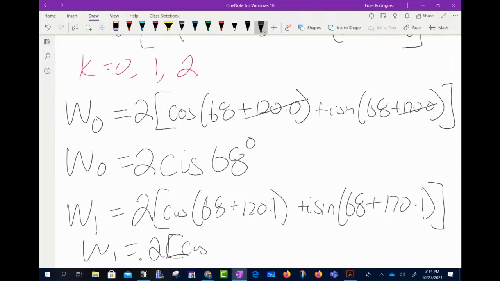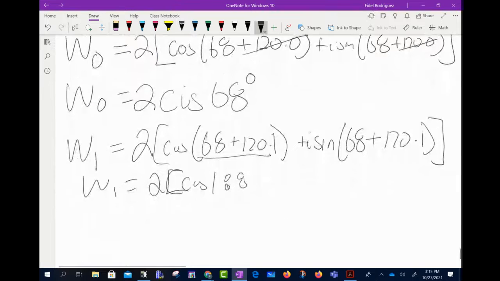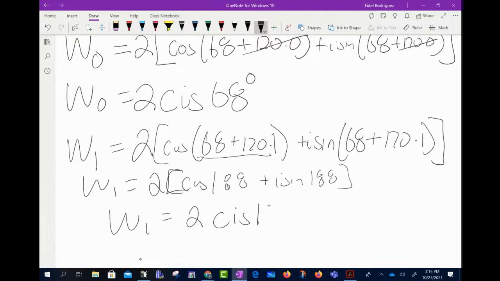What's 120 plus 68? So we could write it going like this: 2 CIS 188, right?